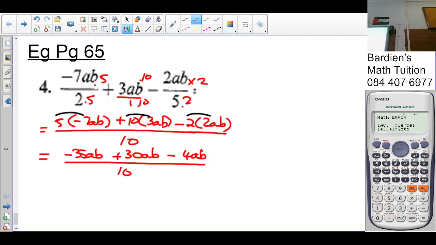So what's 35 minus 30? It's going to be 5. So it's going to be negative 5ab. Not so? Negative 5ab minus 4ab. Negative 9ab over 10. Okay. Any confusion here? Any confusion? You all understand? Alright.